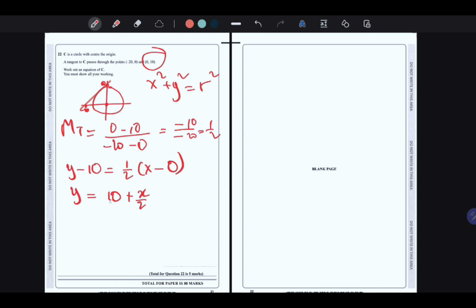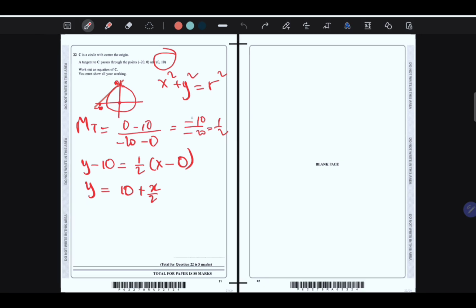So we know that y is equal to this, and we know that the tangent touches the circle at one single point. It means they're equal at that point. So I can take the value of y and plug it into the equation of the circle. They're going to have the same x and y. So this would be x squared plus (10 plus x over 2) squared equals r squared.